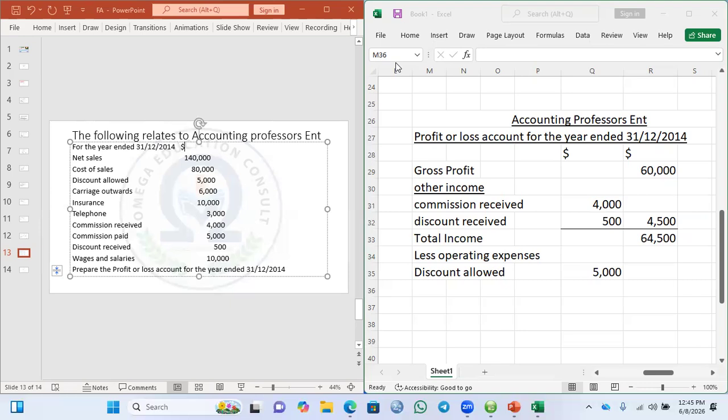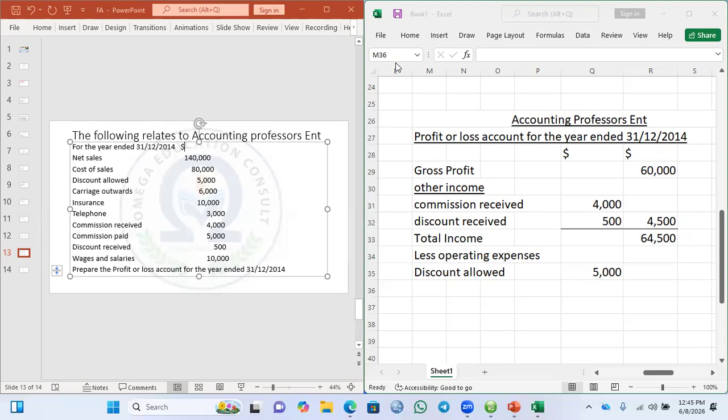So I wasn't getting the prompt because discount can be given for bulk transactions or prompt settlement. So you have to figure out these two, and the trade discount is for the bulk transactions. When you buy in bulk, you get a trade discount, but you get a cash discount for prompt settlement, and the cash discount may be discount allowed or discount received.